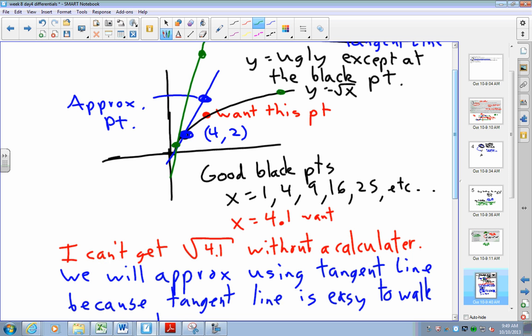As long as, so if I wanted you to do it at, let's say 9. I want x equals 9.1. Who would you use for your tangent line? 9. If I wanted it at 101, who would you use? Is it 10 or 100 squared? 100 squared. If I want it at 4.9, which guy is the closest?